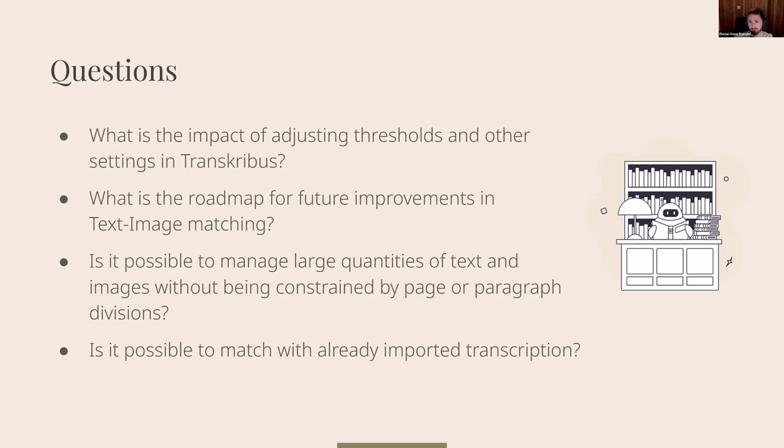If the baseline recognition, so out-of-the-box performance of models, is better, then we're actually also improving text-to-image matching, because it's basically leveraging the models that are under the hood. So in some form we are working on it, but in more concrete terms not. Still, we hope the current tool already gives you a good starting point to work with your material.